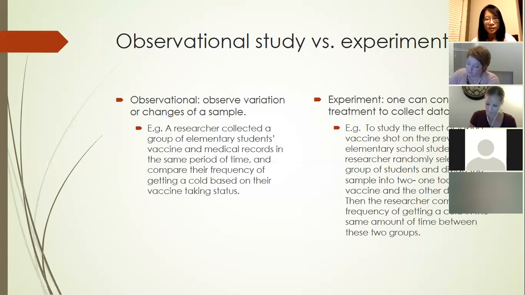The other group all take the same kind of shot. After probably 2 or 3 months, you collect the data and compare the difference between these two groups. Then this is an experimental study. There is a treatment there: whether the student gets an immunization shot. So that's how to distinguish these two.